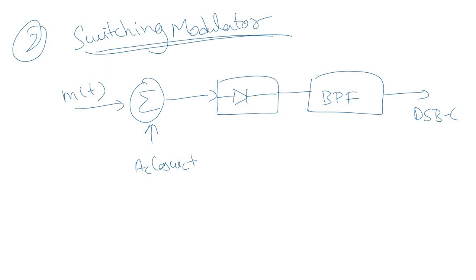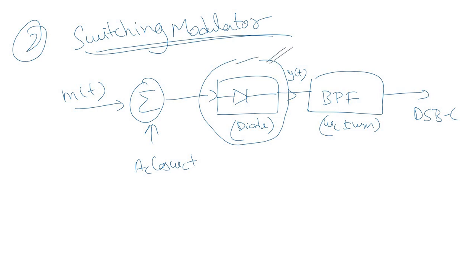Again the pass band would remain the same, omega c plus minus omega m, and this is your diode which acts as your switching device. Let's say this is your output y(t). So the only difference is in this block. In the previous method, the square law device method, we had a square law device here instead of a diode, which is quite complex to design as compared to just a diode, which is a very cheap element. This is the concept.